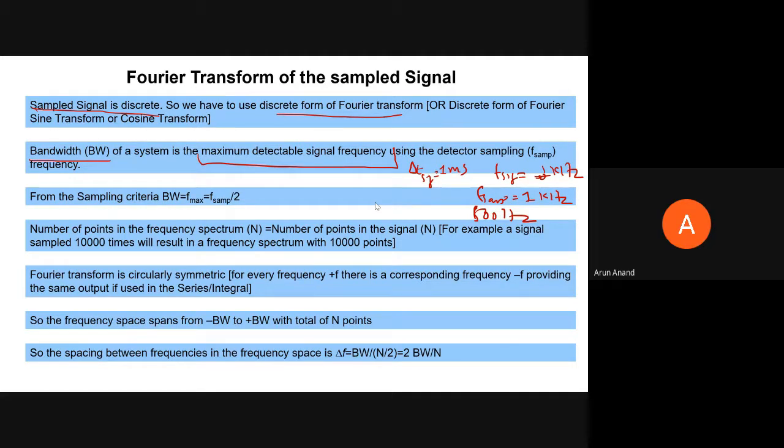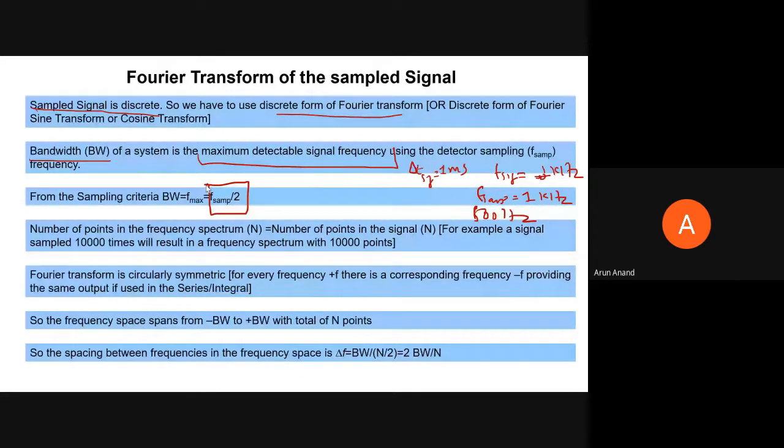So your bandwidth, the maximum detectable signal frequency, is nothing but sampling frequency divided by 2. For example, if your sampling frequency is 1 kilohertz, the detectable signal frequency is 500 hertz. Clear? Shall I go ahead? Yes, sir.